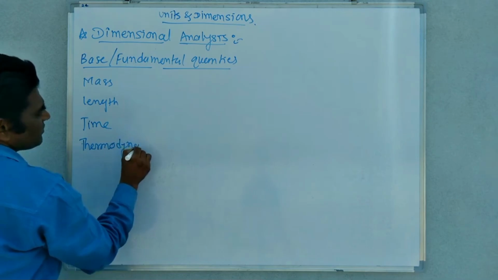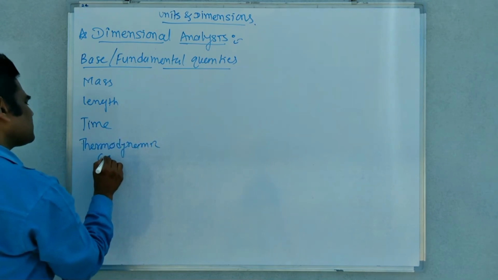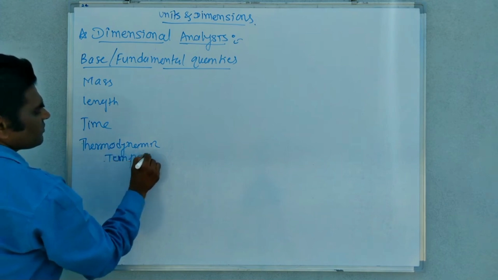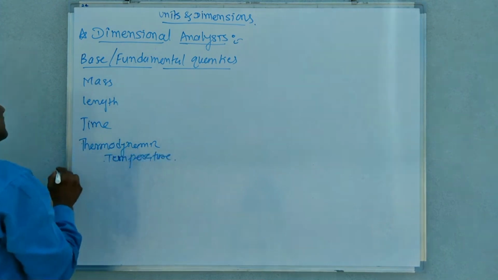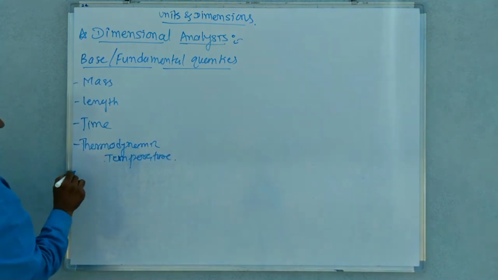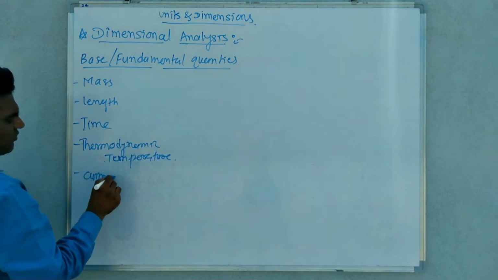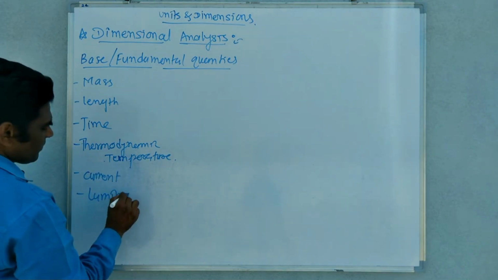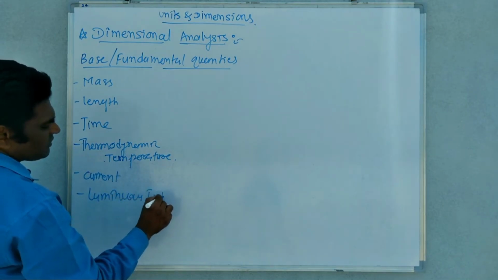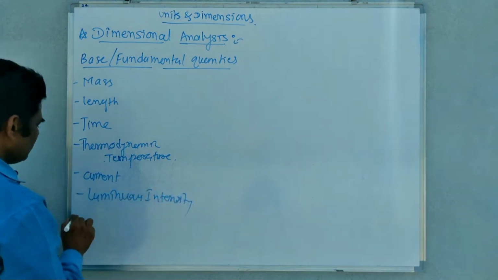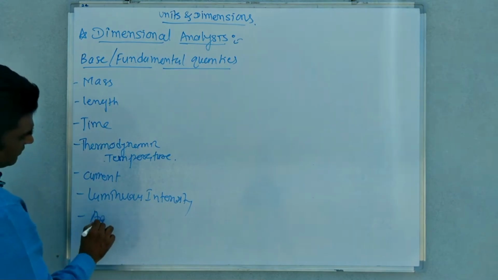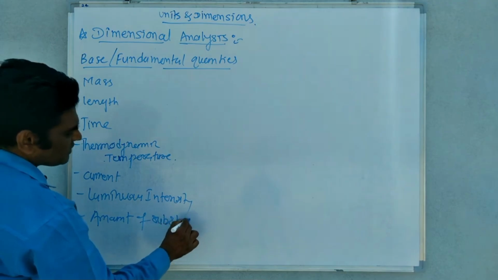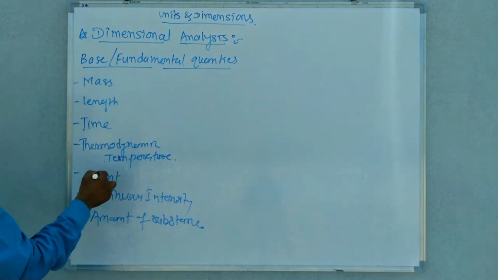Then current is also a fundamental quantity, then luminous intensity, then amount of substance. 1, 2, 3, 4, 5, 6, 7.